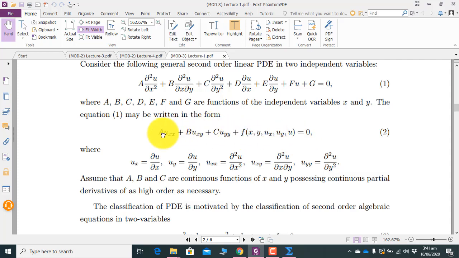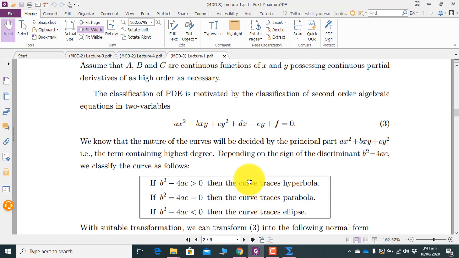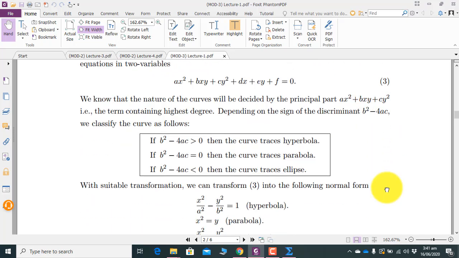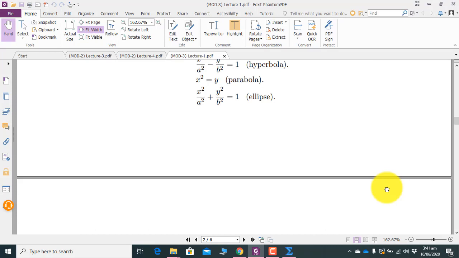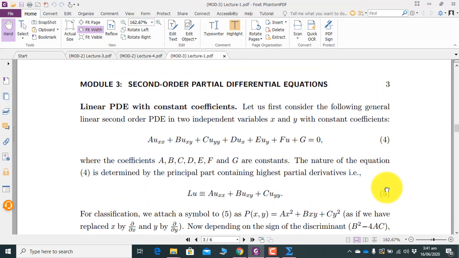This part which has second order derivatives is called the principal part, and for any linear second order partial differential equation, the part which has only first order derivatives and the zeroth order derivative, I mean to say the function itself, is called the non-principal part. We have named the principal part for the polynomial equation, but it is also for partial differential equations. These are the examples which we can study.